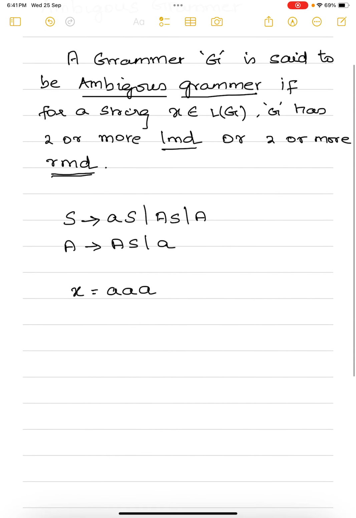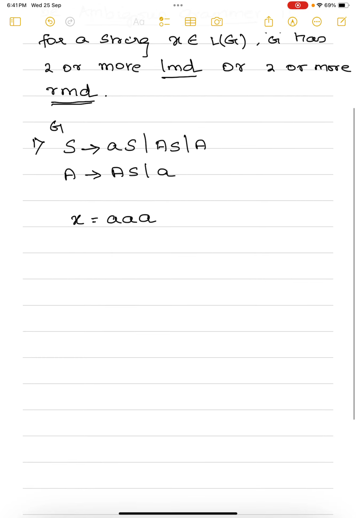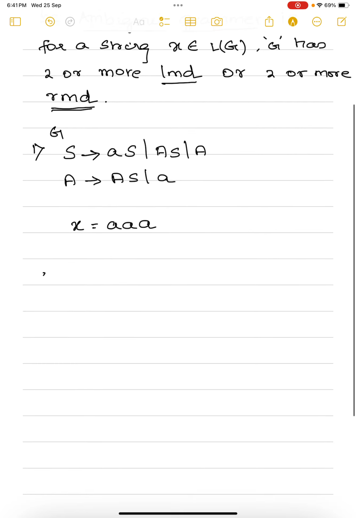If we are able to derive this aaa using two leftmost derivations using the productions of the given grammar, then we say the given grammar G is an ambiguous grammar.